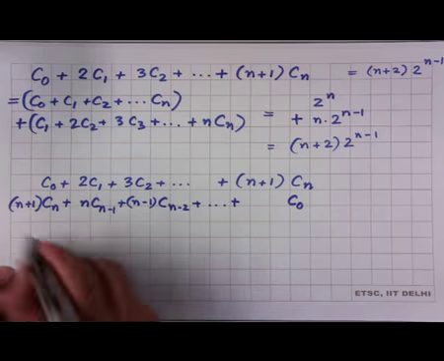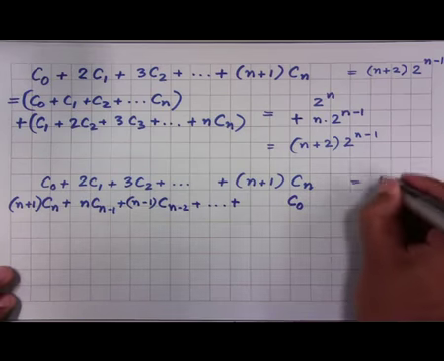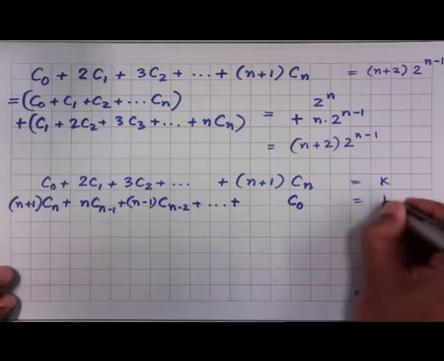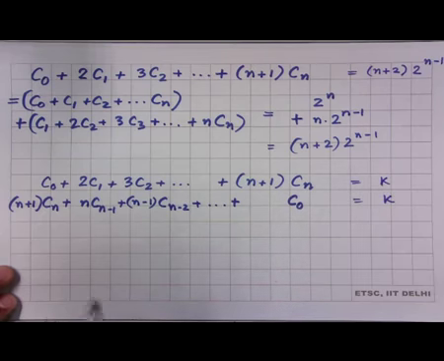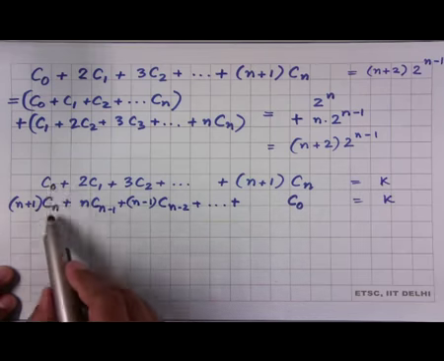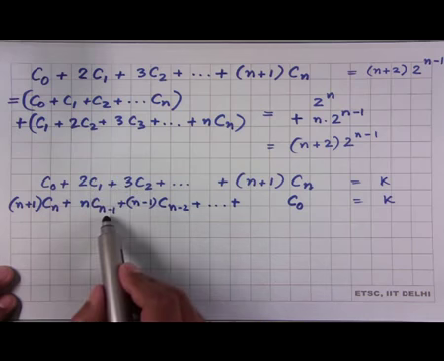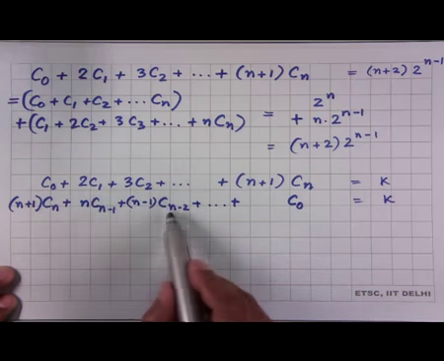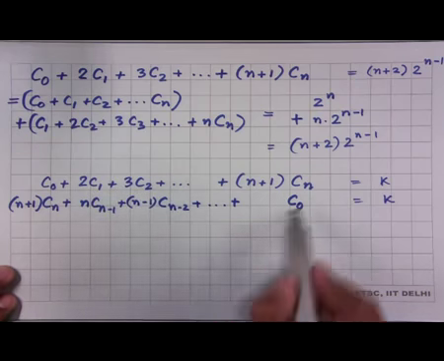Okay. So, let us say this is k. So, this is also equal to k, and then what you have to realize is that C0 is the same as Cn. Remember, C0 is the same as Cn, C1 is the same as C n minus 1, C2 is the same as C n minus 2, Cn is the same as C0.